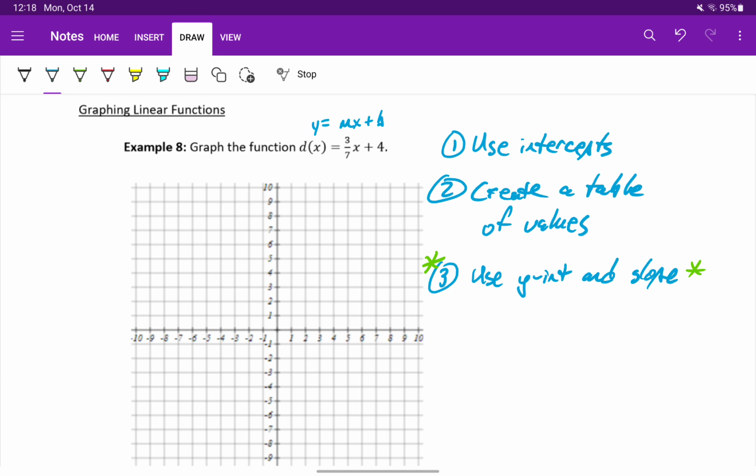I can look at this function and know that 4 is my y-intercept, or more specifically the point (0, 4). If I don't catch on to that right away, I could plug in 0 for x and find that.